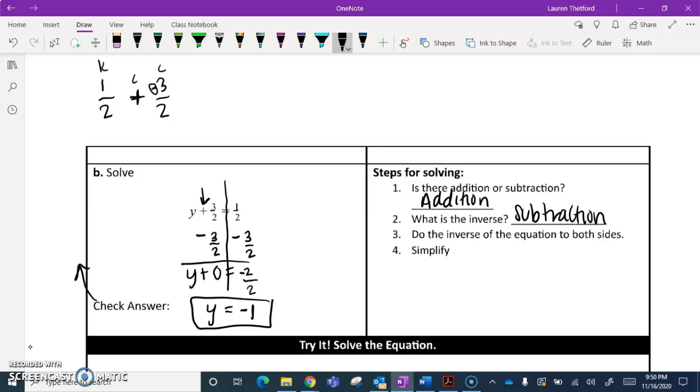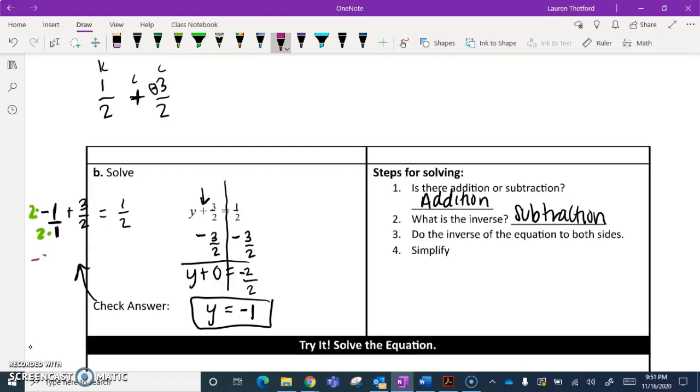I'm going to check my answer over here because I kind of took up a lot of space. So now let's plug it in. -1 plus 3/2 equals 1/2. We know every whole number is actually over 1, and I need to make a common denominator. So I'm going to multiply by 2 on top and bottom.